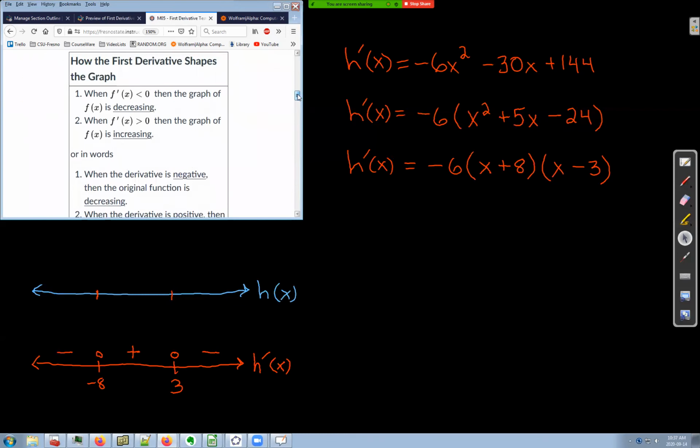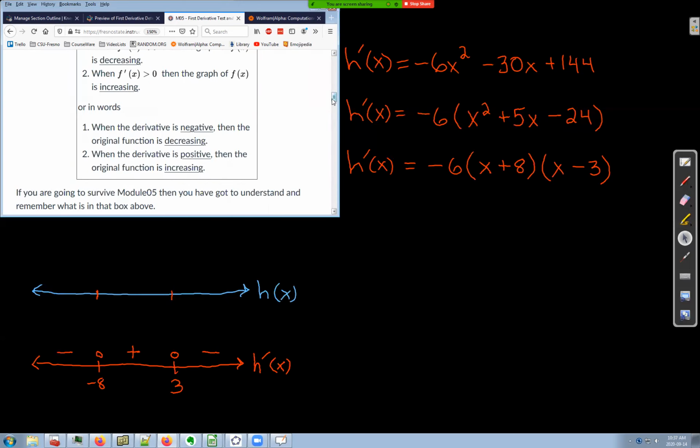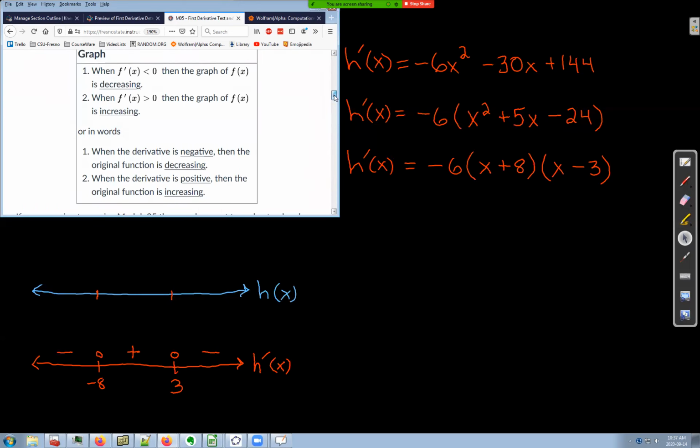We have what we need for the first derivative test. But personally, I don't even remember the first derivative test that well. The thing I remember is this fact, and you'll see what I write on the number lines here, that when the derivative is negative, it means the original function is decreasing.